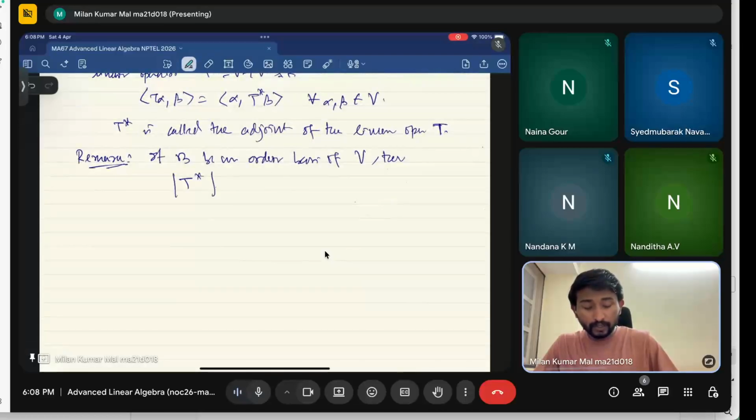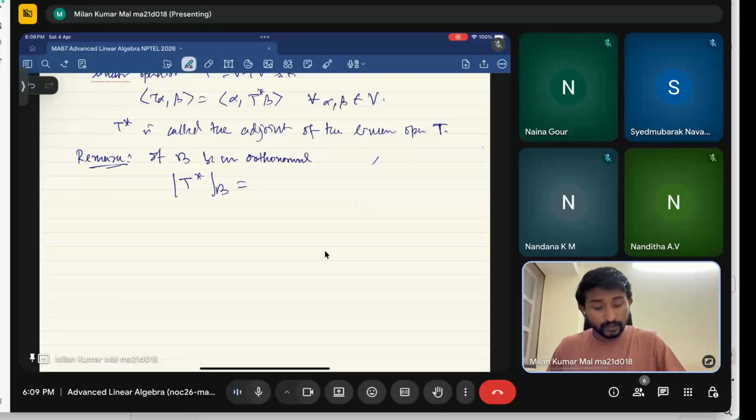Now, if you obtain the matrix representation of the linear operator T, with A being the matrix of T, then the matrix of T star is related to it. Do I need an orthonormal basis? I need an orthonormal basis.